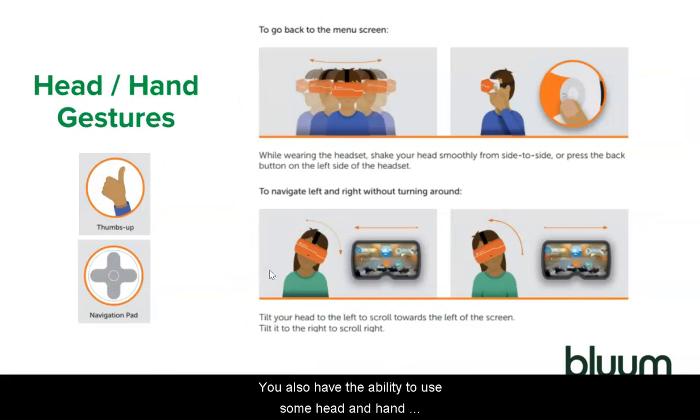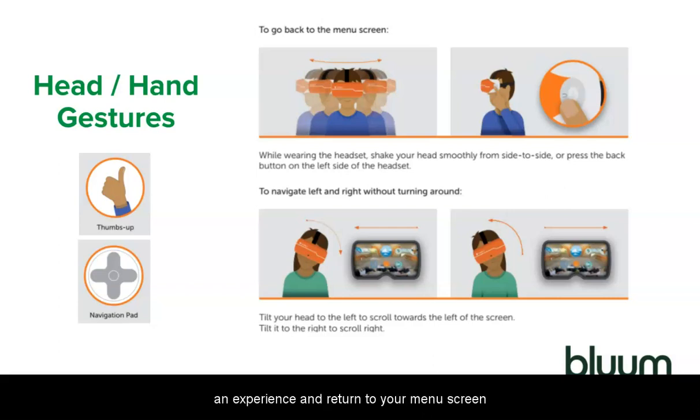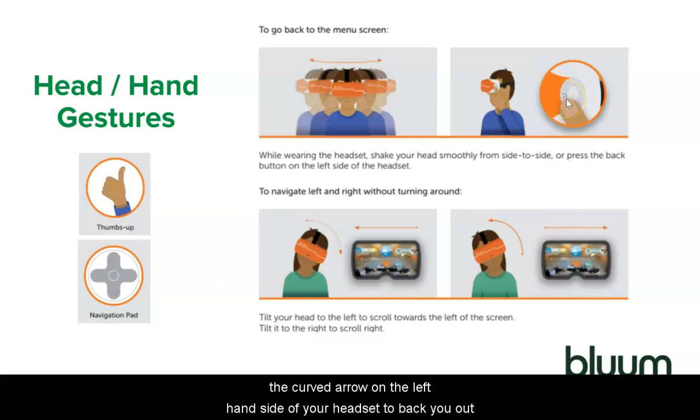You also have the ability to use some head and hand gestures to navigate through your ClassVR headset. To exit an experience and return to your menu screen, not only do you have the curved arrow on the left-hand side of your headset to back you out, but you can also shake your head smoothly from left to right in order to exit and return to the main menu screen.